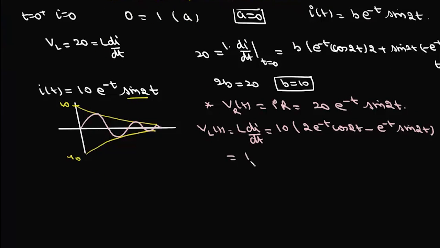So it will be 10 e to the power minus t, and this is 2 cos 2t minus sin 2t.